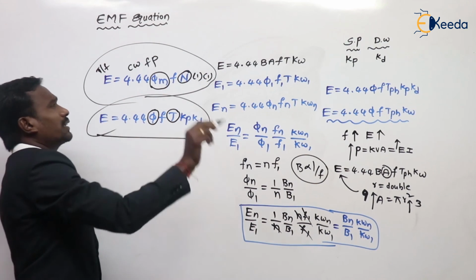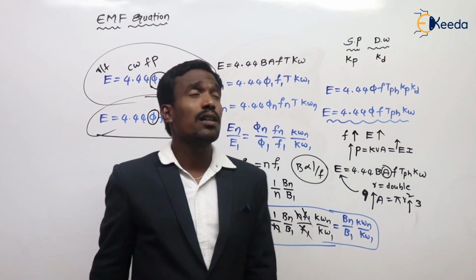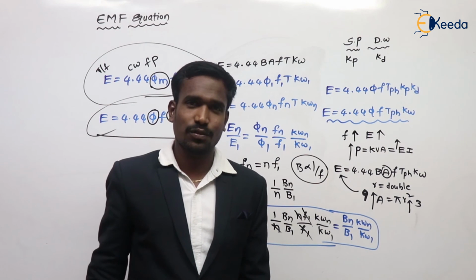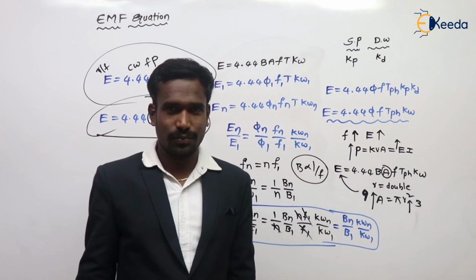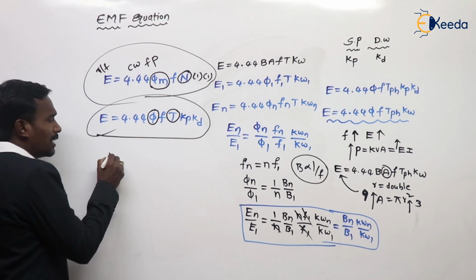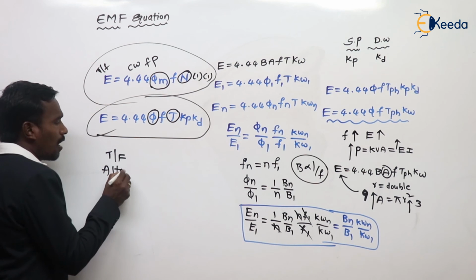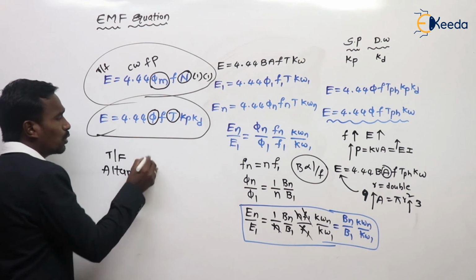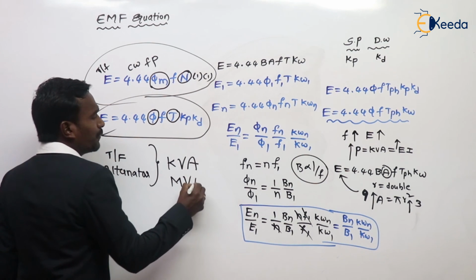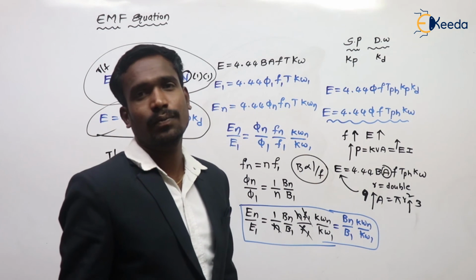Other than that, everything is the same for the synchronous machine and the transformer. Getting or not? This is the EMF equation of my synchronous machine. Very, very important thing. Are you okay? Next. In general, the transformer and the synchronous generator, nothing but the alternator, these two machines are rated in terms of kVA or MVA, kilovolt amperes or megavolt amperes.